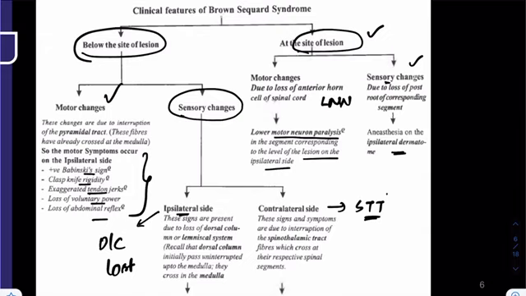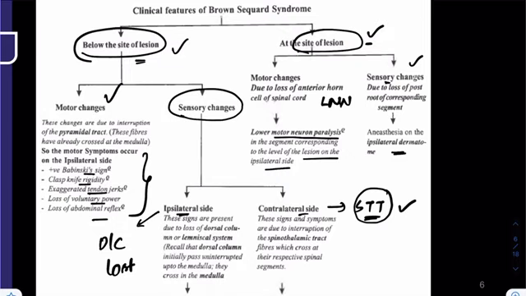Always remember, the spinothalamic tract sensations are lost contralaterally below the site of lesion. At the site of lesion, you don't have the spinothalamic tract sensations lost. Why? Because the spinothalamic tract fibers cross in the spinal cord two levels above to the opposite side. That is the reason why on the contralateral side you will have spinothalamic tract sensation loss, and that too below the site of lesion.